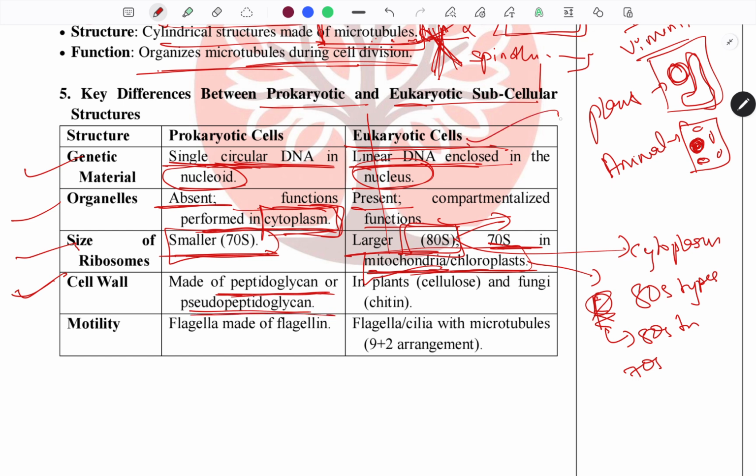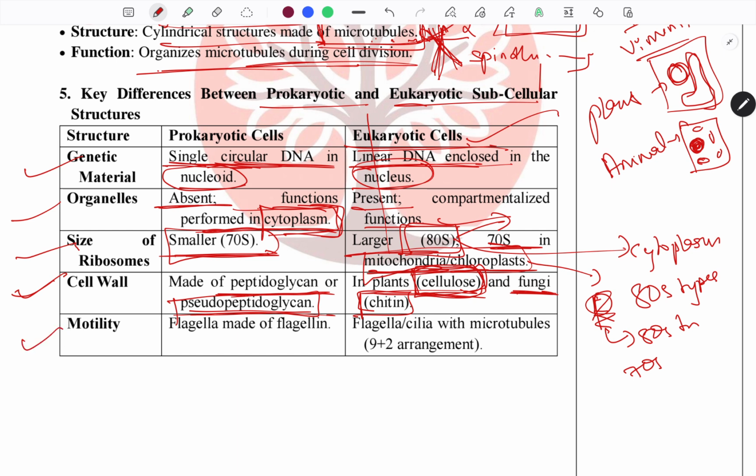But in eukaryotic cells, only in plants the cell wall is present, and it is made up of cellulose, not peptidoglycan. In fungi, that group of organisms also has eukaryotic cells, and there the cell wall is made up of chitin. Remember, in plants it is cellulose, in fungi it is chitin, in bacteria it is peptidoglycan, and in archaea it is pseudopeptidoglycan.